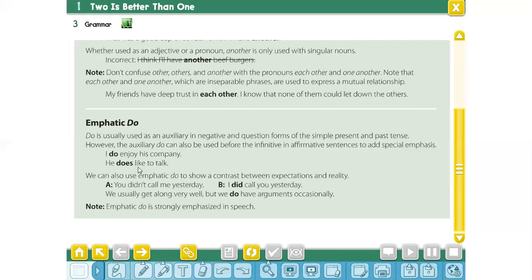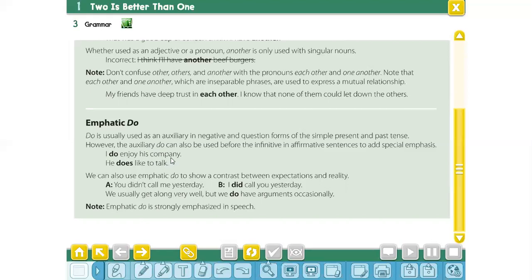Like what? Do is usually used as an auxiliary in negative and question forms of the simple present and past tense. However, the auxiliary do can also be used before the infinitive in affirmative sentences to add special emphasis. Special emphasis like what? I do enjoy his company. So here the sentence is I enjoy his company.